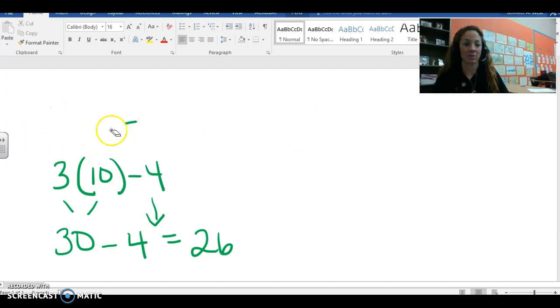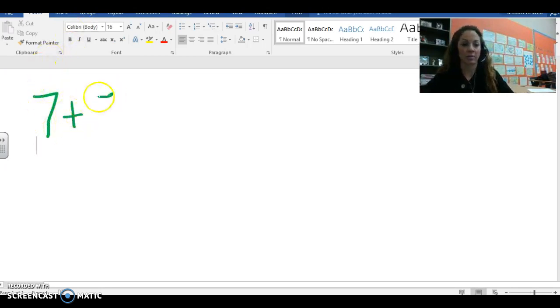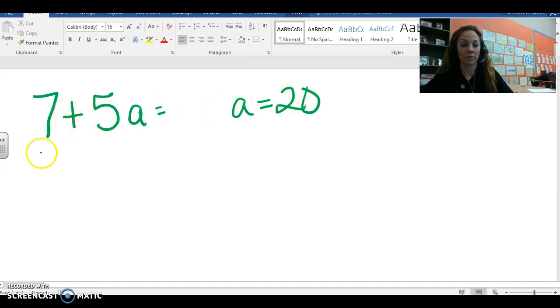So let's try another one. If we have 7 plus 5a, and if a equals 20, what are we going to get? First of all, we have to rewrite the expression, except we replace a with 20.